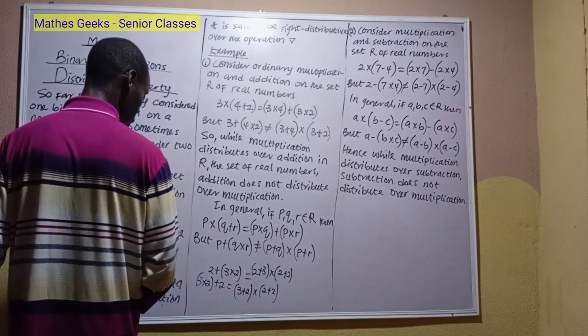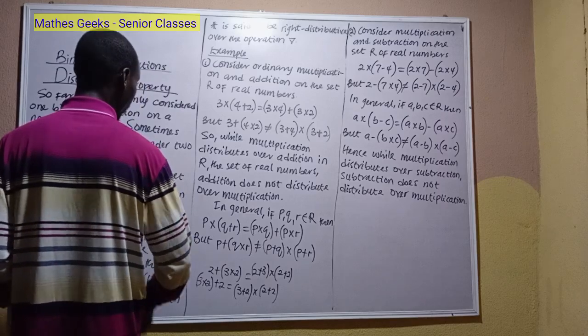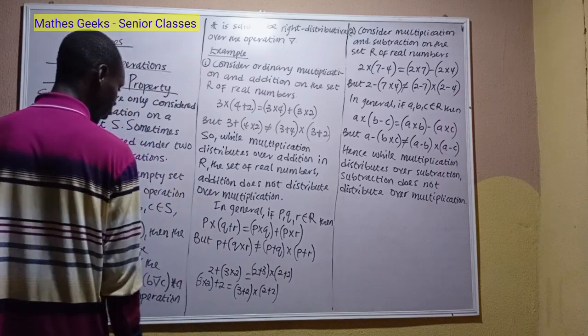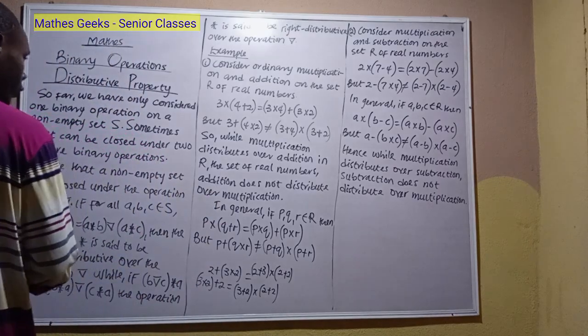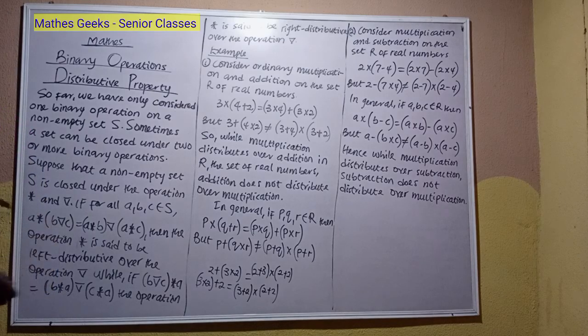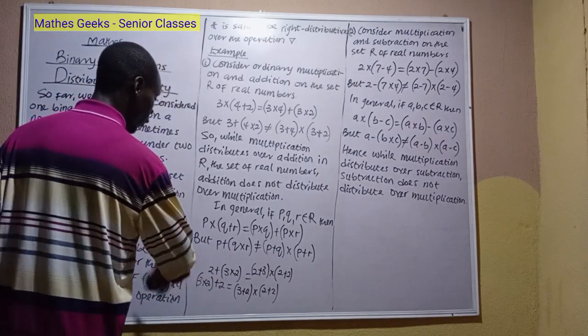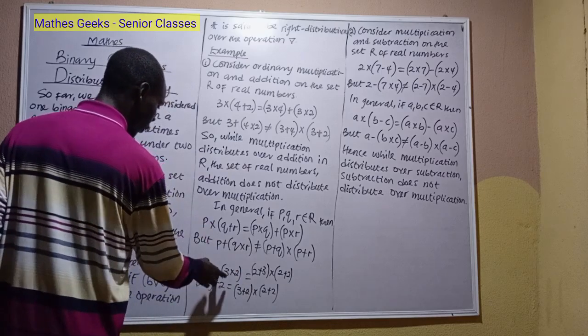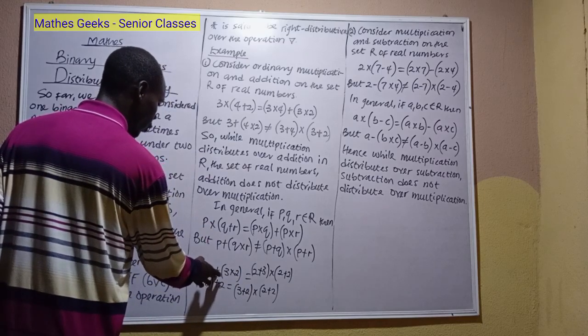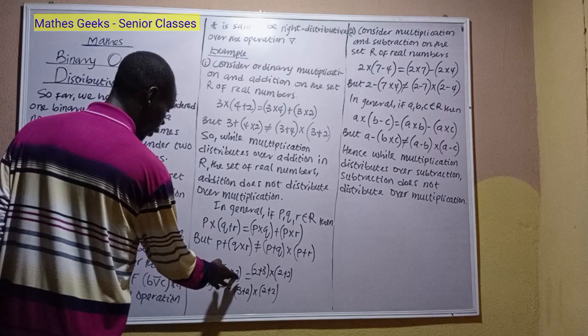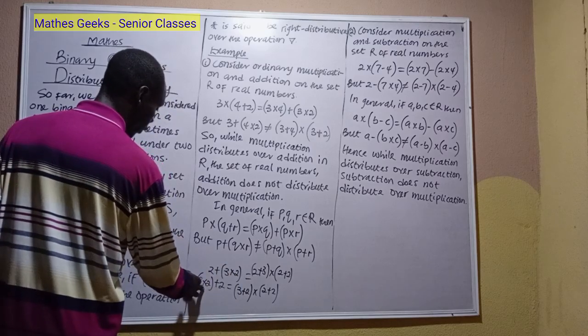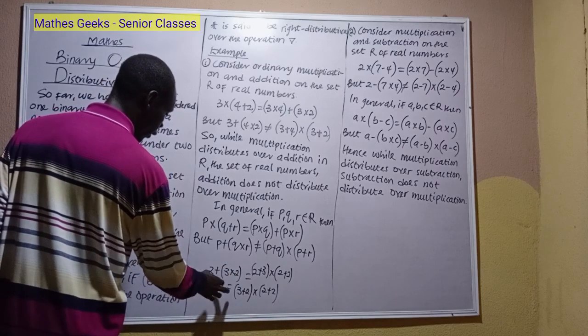So whichever operation comes first, that operation distributes over the second operation, and it all depends on the position, whether left or right. But always note that the operation that comes first distributes over the one that comes next. So if addition comes first, addition distributes over multiplication, and if multiplication comes first, multiplication distributes over addition.